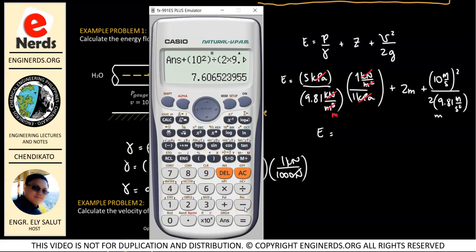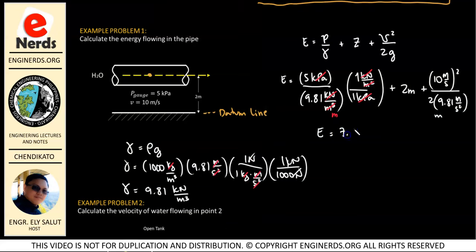Okay, so we have here 7.607. No? So our energy head is equal to 7.607 meters. Okay, so let me box our final answer here. So I hope naging clear sa atin kung paano natin nakuha yan.